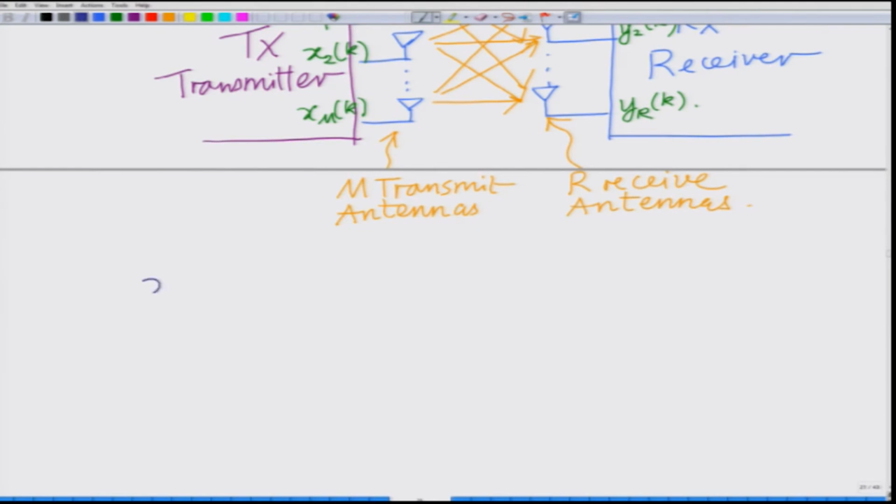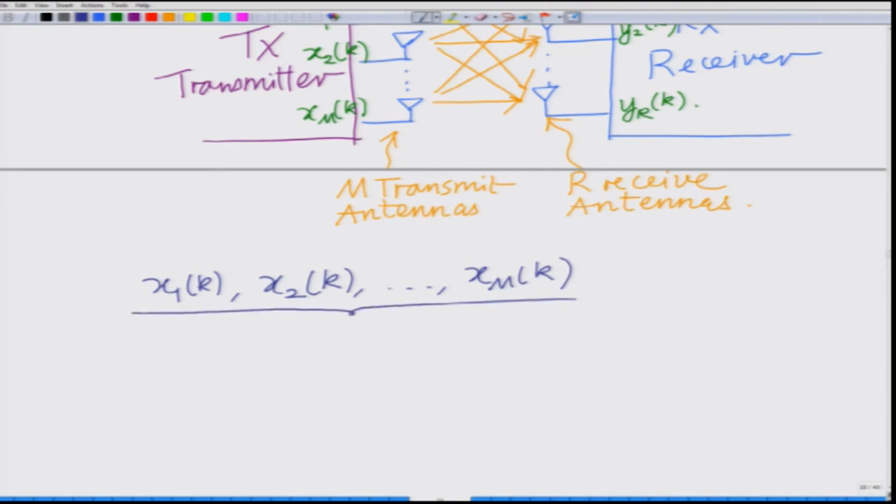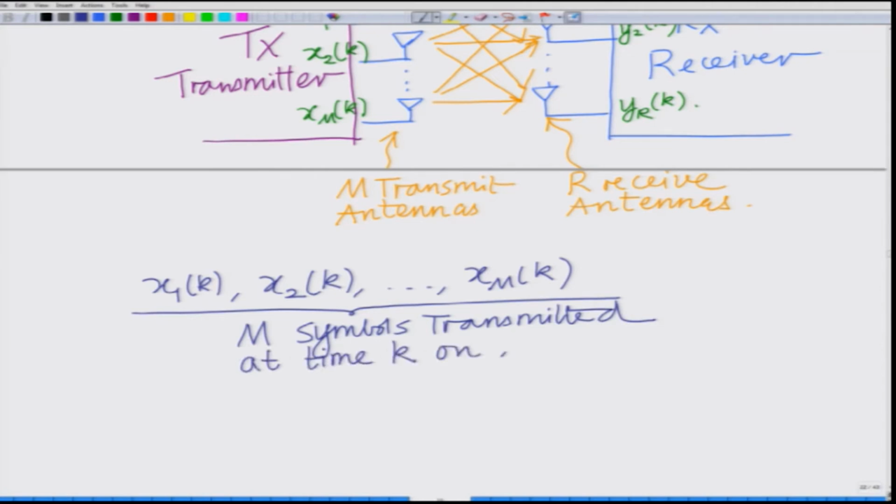So, what we are saying is x1k, x2k up to xmk, these are the m symbols transmitted on the m transmit antennas at time k.